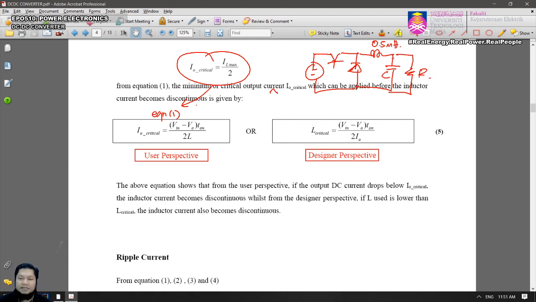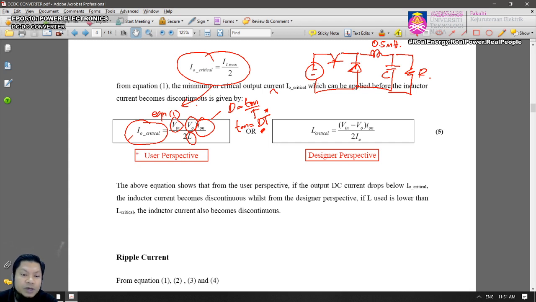Okay, so that means with this circuit, if you operate with a certain frequency and duty ratio, because we know that T on over T equals D, and T on equals D multiplied by T. So if you operate at a certain duty ratio with a certain frequency, and we know the size of L as well as V in and V out, then you can calculate the minimum size of the output current that you can apply to your DC-DC converter here.